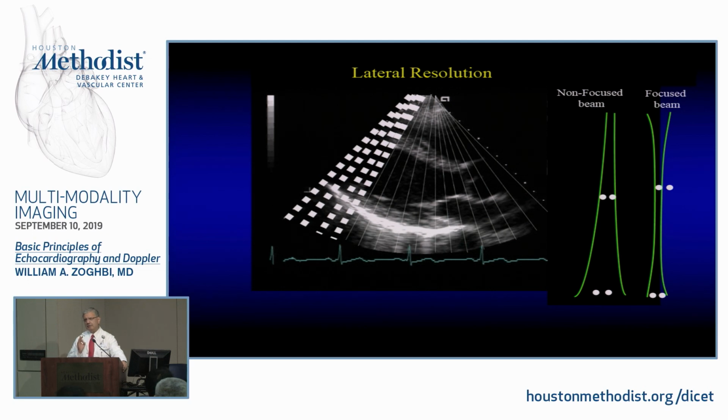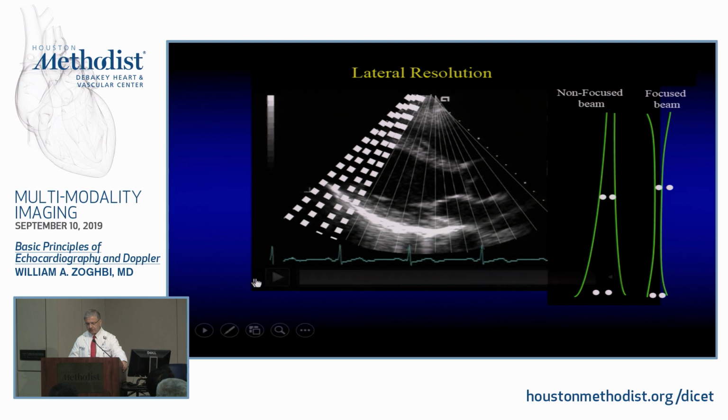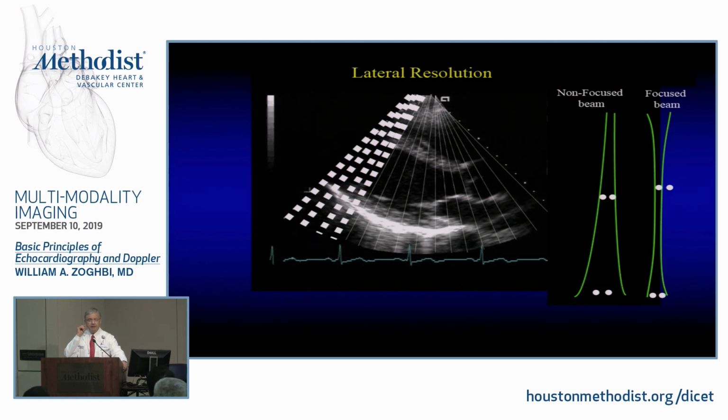This is lateral resolution. How can I distinguish two dots that are side by side? I don't know how many of you have looked at it, but you should, if this is your specialty, take a look at a phantom.